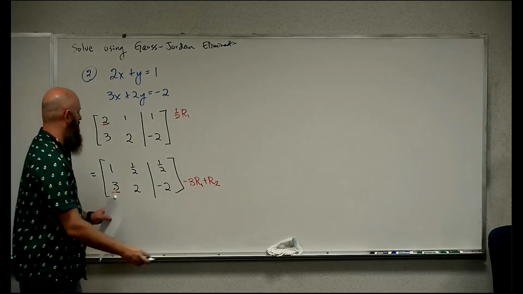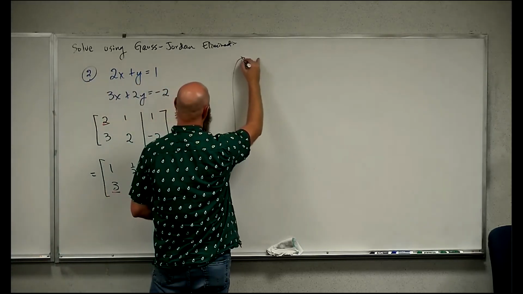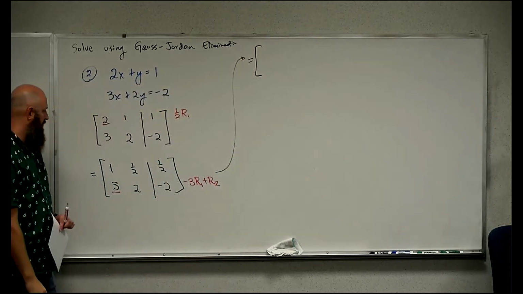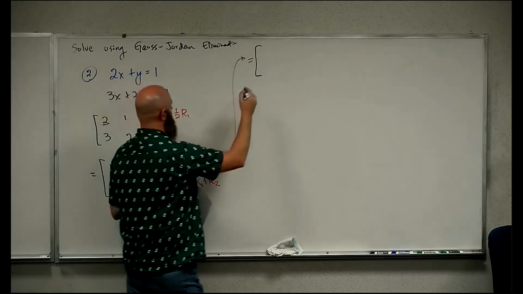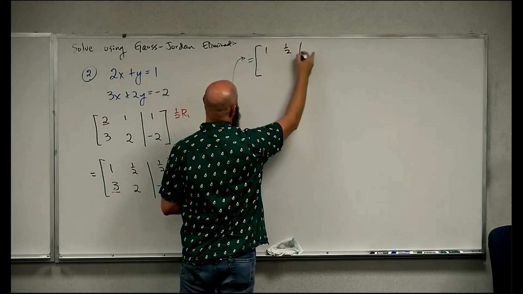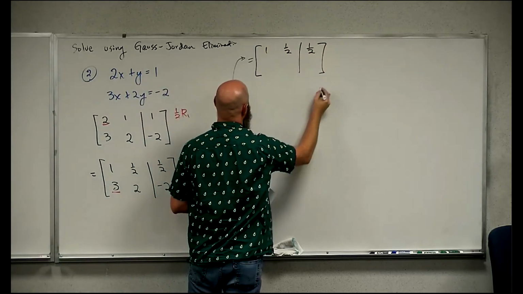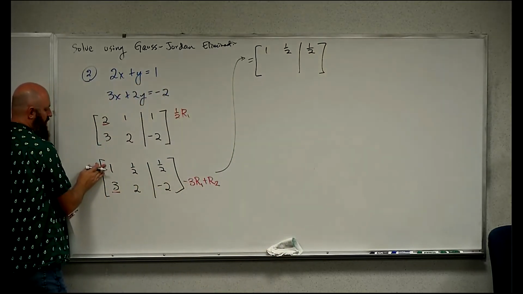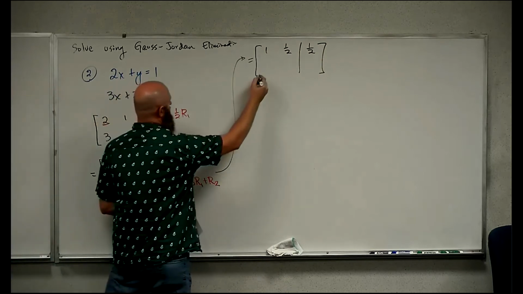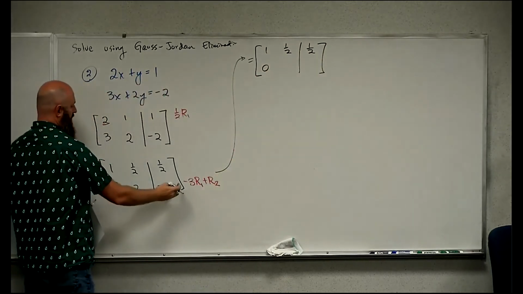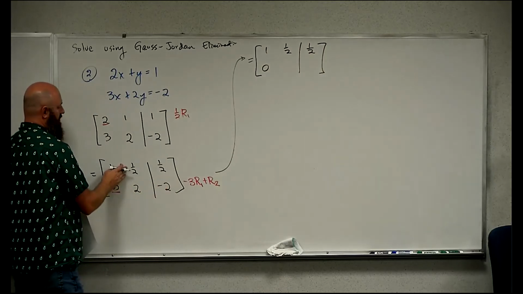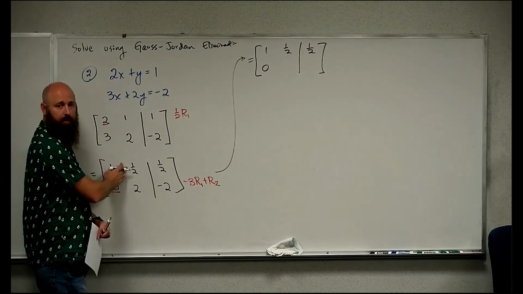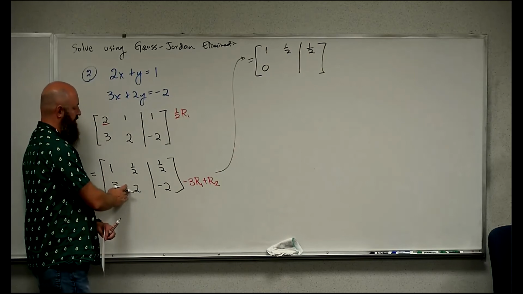So let's bring that up so we have room. The first row is not changing. It's 1, 1/2, 1/2. And then the bottom: -3 times 1 is -3, plus 3 is 0, which is what we wanted. -3 times 1/2 is -3/2, plus 2.